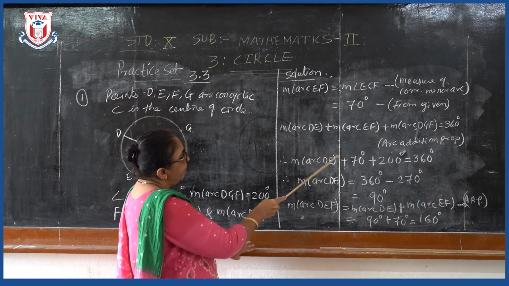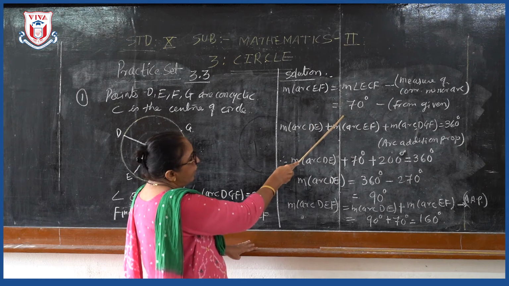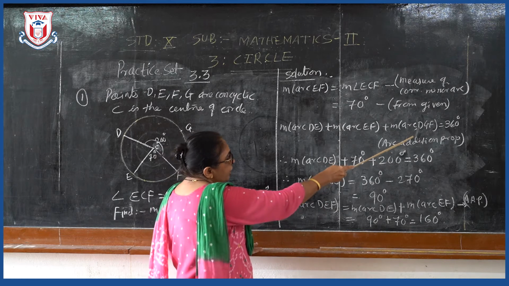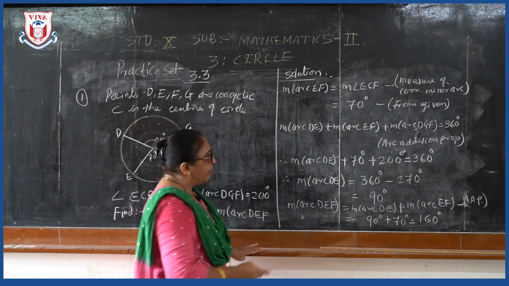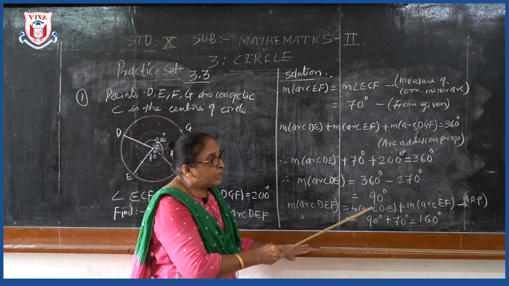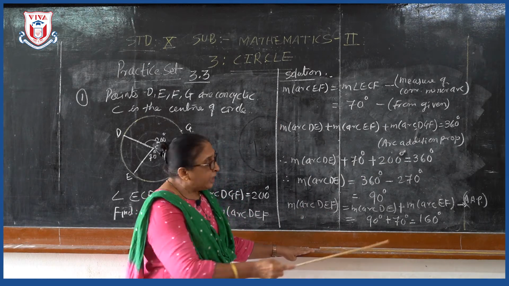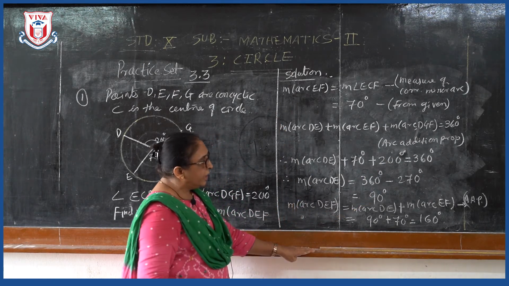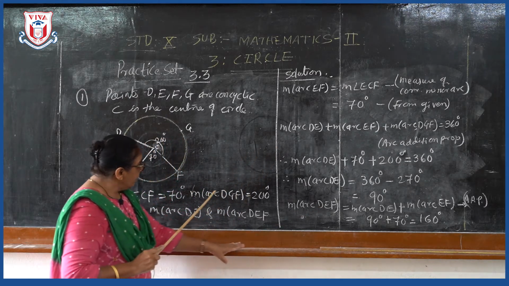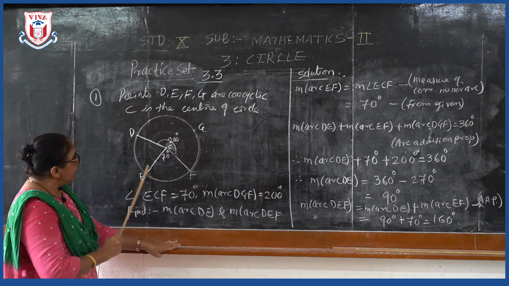Arc EF is 70 degrees, which we have already found, and major arc DGF is 200 degrees, given. So arc DE will be equal to 360 minus 70 plus 200, that is 270, which is equal to 90 degrees.